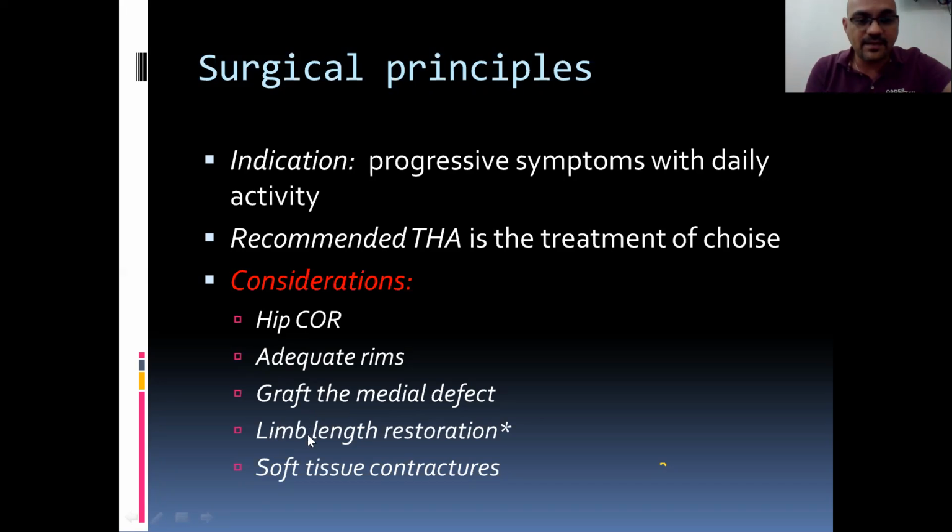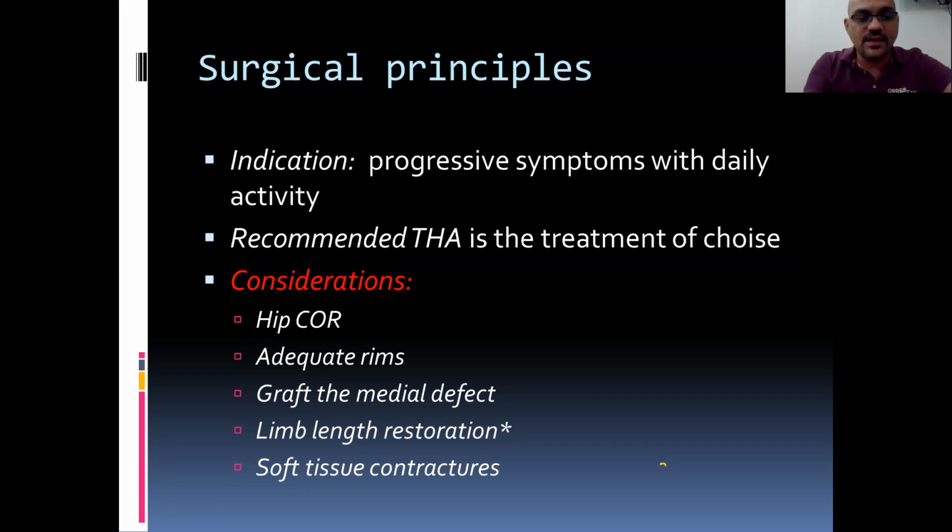Regarding limb length, you can do limb length restoration, and this is a special entity when the condition is bilateral. In preoperative planning, special consideration of the contralateral hip must be taken. You can ask your patient for consent, start from one side, and tell him that he will have a longer limb than the other affected one.